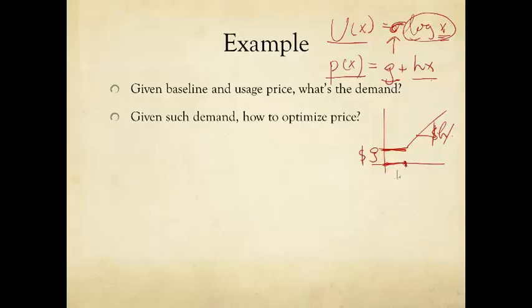I'm going to ignore this to simplify the notation. It does not change the gist of either the presentation or the conclusions. So question number one: given the baseline usage price, that's given G dollars and H dollars per gigabyte, what is the demand? And second, given such demand, how to optimize the price?